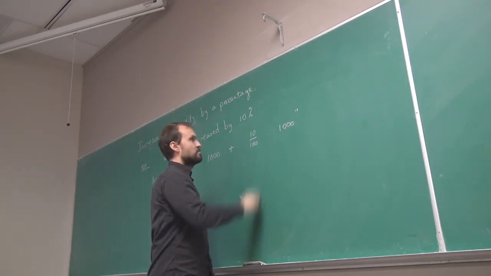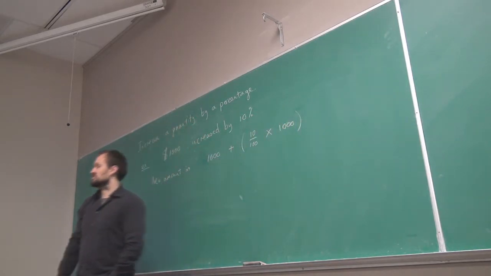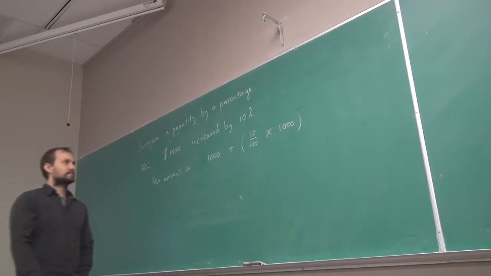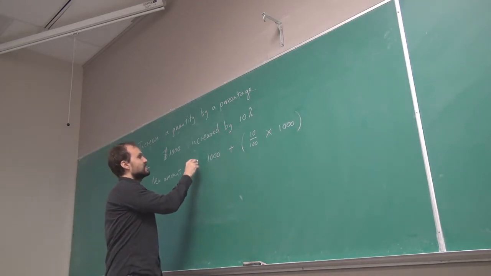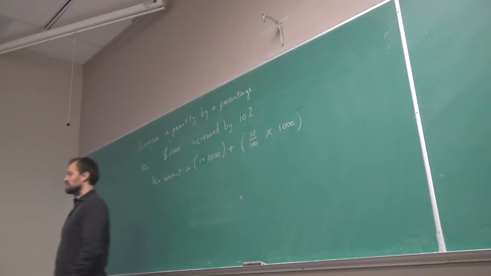Of is multiplication, and I'll put it in brackets, just because I want to group them together, though BEDMAS tells me I don't need the brackets. I'm also going to emphasize here that I have 1 times my original amount. I have my 1,000, and I'm adding a little bit to it.